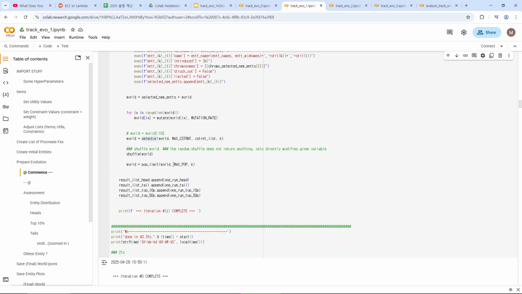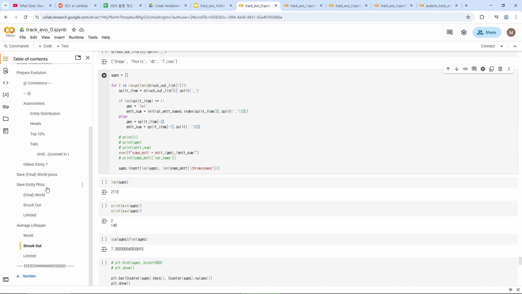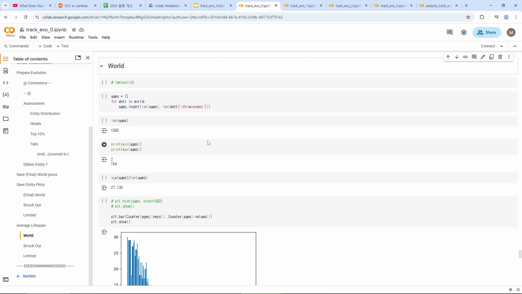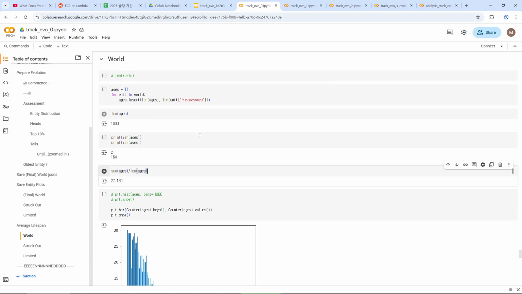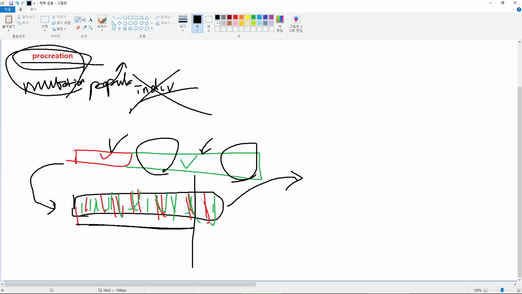And what that does is, if you remember the purpose of what I added in my appendix to the last video, I had a look at the lifespans of these entities, and the average age for the entities left in the final state of the world was 27. So let's write that there.